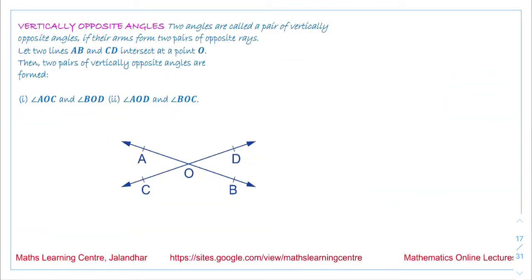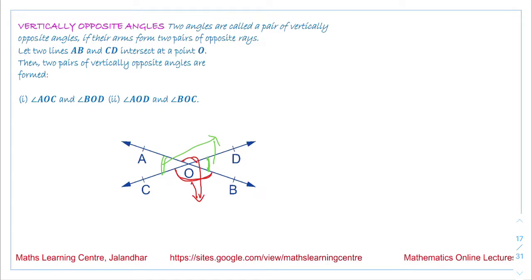Next is the definition of vertically opposite angles. We are saying two angles are called a pair of vertically opposite angles if their arms form two pairs of opposite rays. So in this figure, this angle AOC and this angle DOB are vertically opposite angles, and these two angles are also vertically opposite angles.